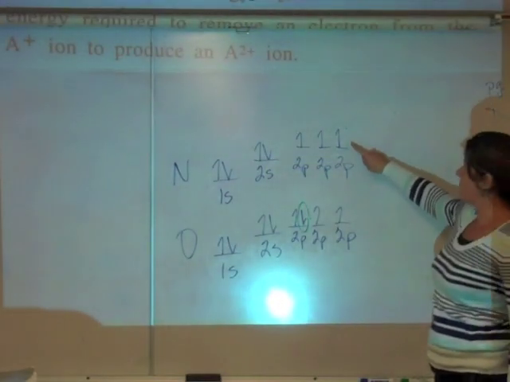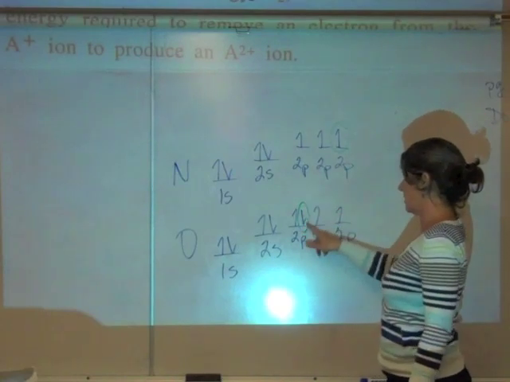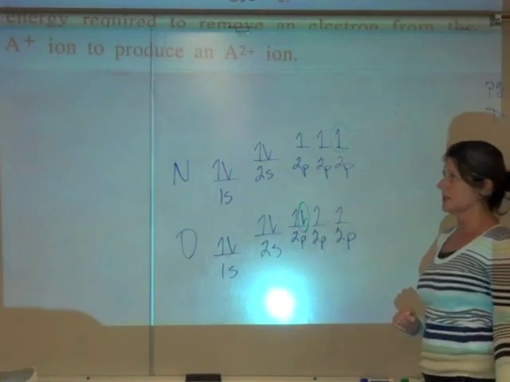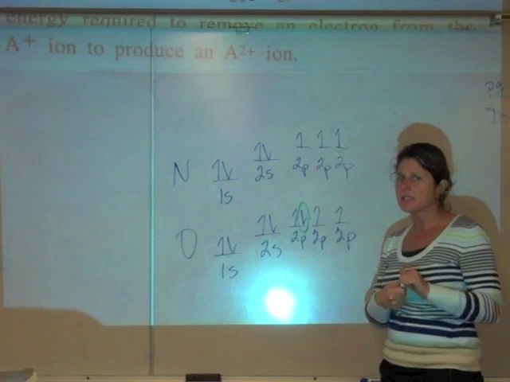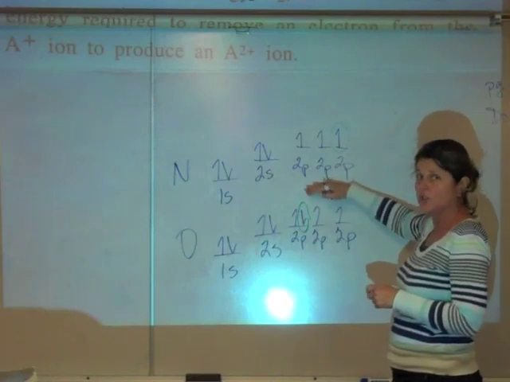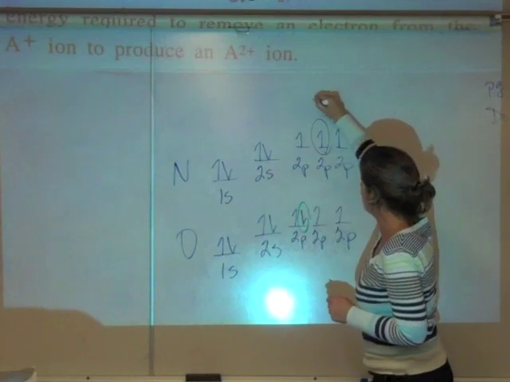And so removing this from nitrogen or this from oxygen, that's going to be the first ionization energy. The second ionization from nitrogen, which electron is it going to take? That one.